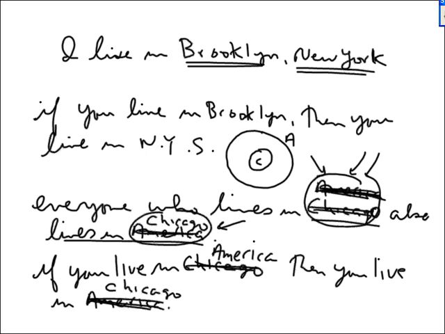Okay, just put another city. Okay, you put San Francisco. Of course, if you live in San Francisco, you don't also live in Chicago. But that's not what it's about.